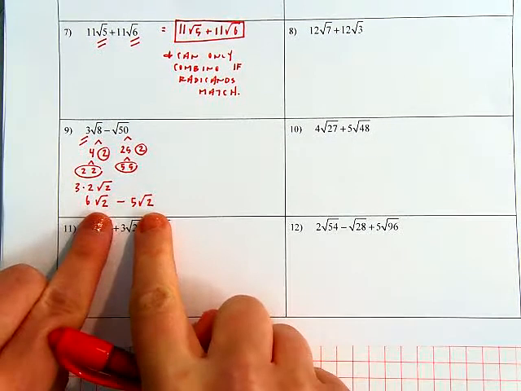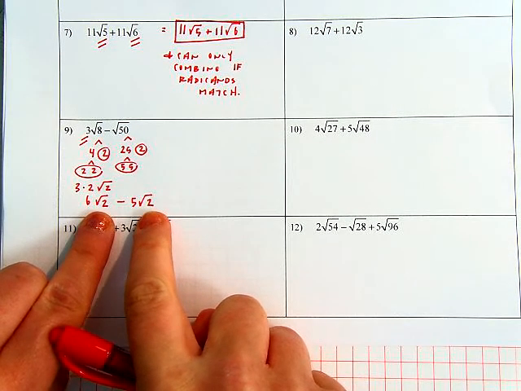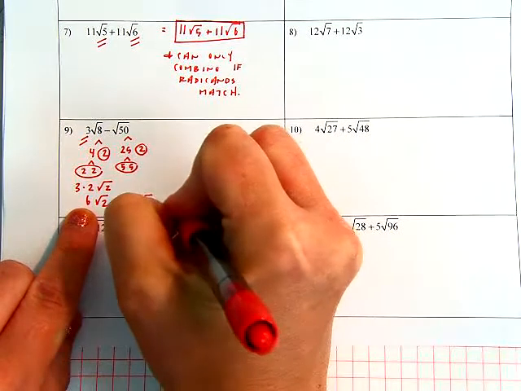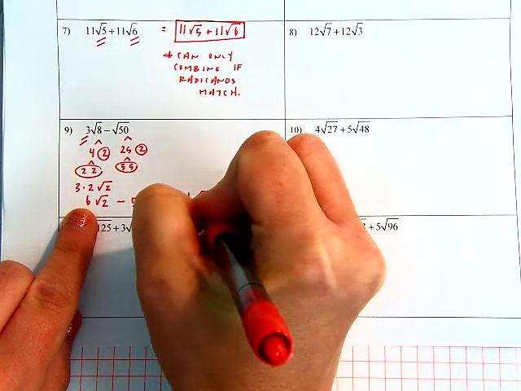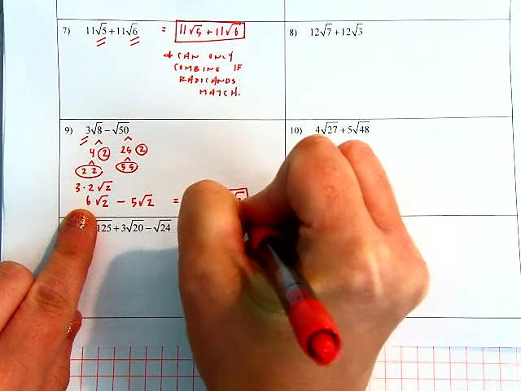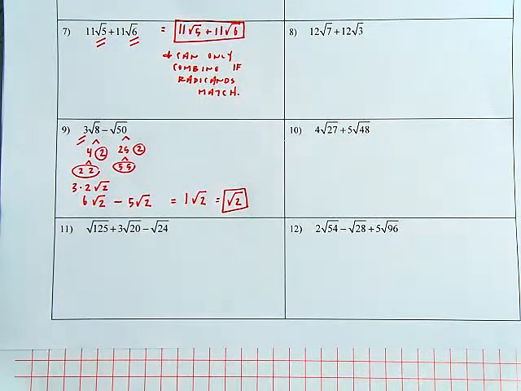So now their radicands do match. They're both in terms of the square root of 2. So I can take that 6 and subtract 5 and get 1. So this would be 1 square root 2, which we just write as the square root of 2. So just like when we write x, we know that that reads as 1x, but we don't write the 1, but we know that it's there. So here I have square root of 2 is the same thing as 1 square root 2.